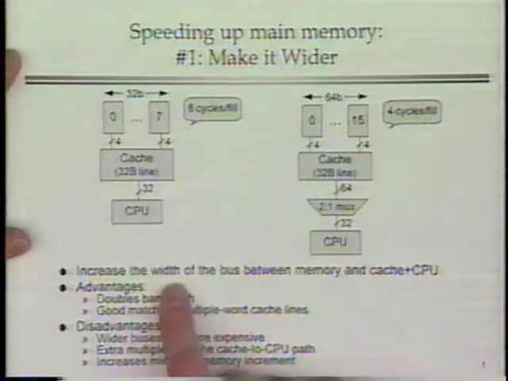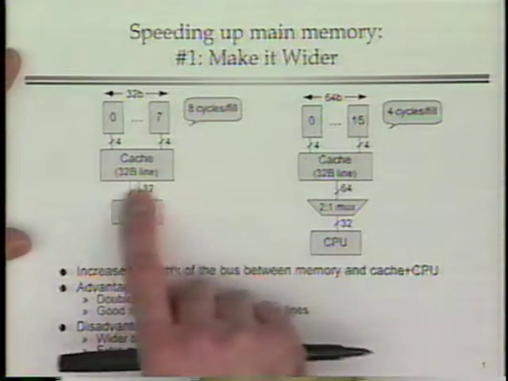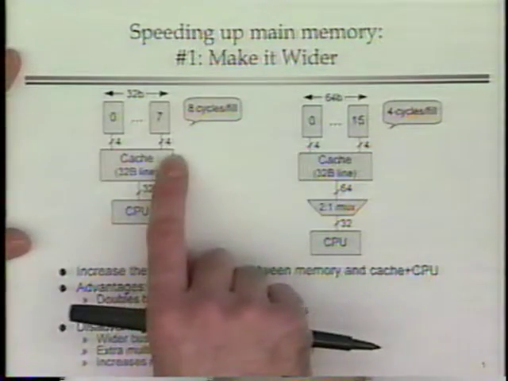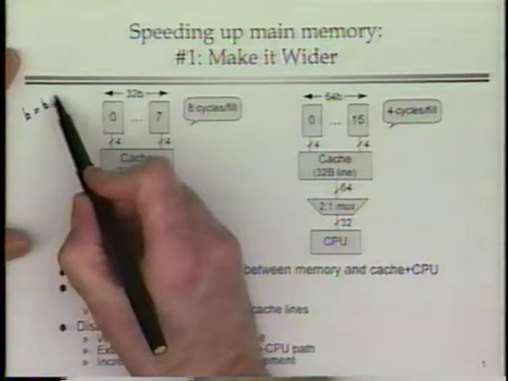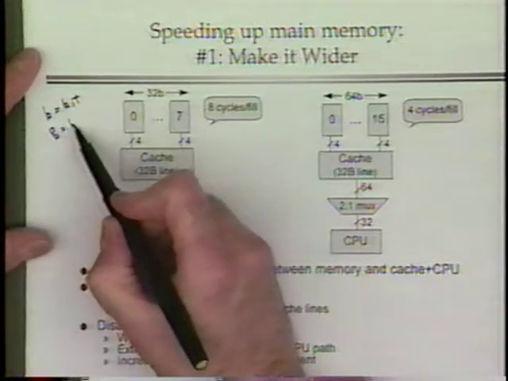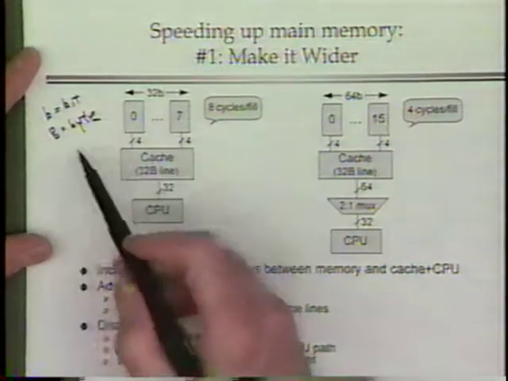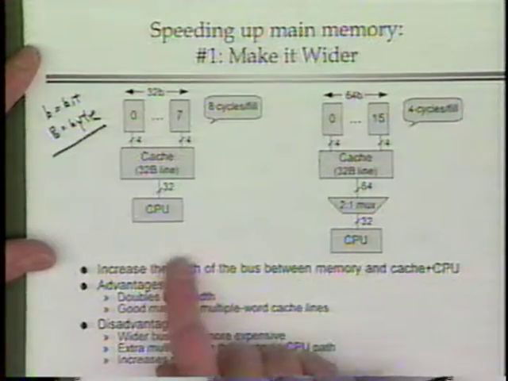Well, one kind of obvious thing is to make it wider. Let's say that we have a cache that has a 32-bit path. Remember that my notation here is that lowercase b is bit, and uppercase B is byte. I don't know if I made that explicit, but I figure you caught on to that after a while.